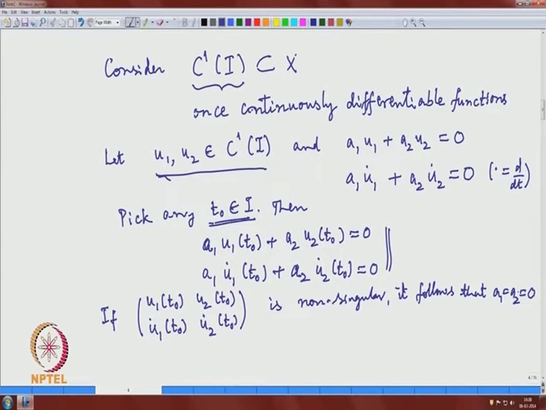Okay. And this matrix is called the Wronski matrix of U1, U2 at the point T0.